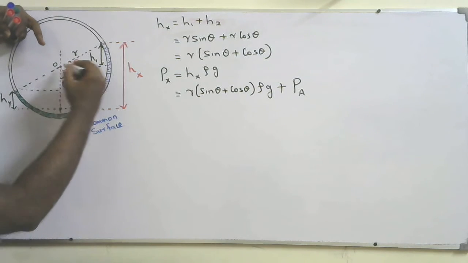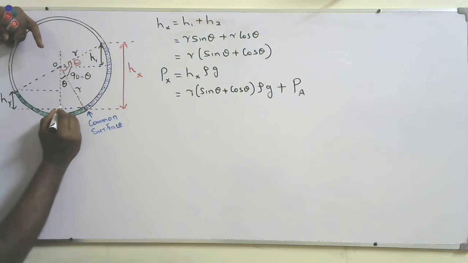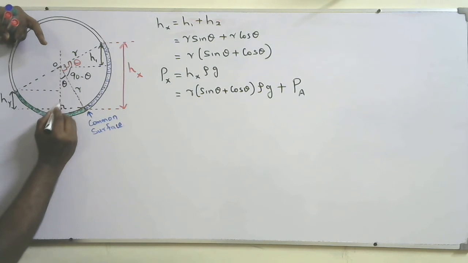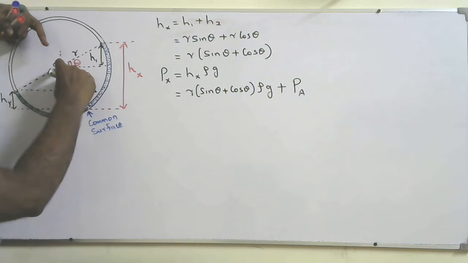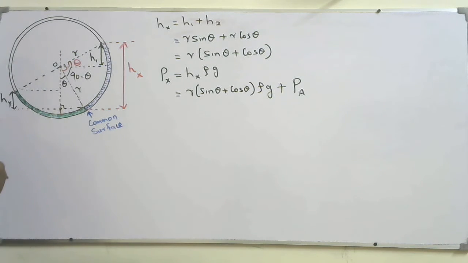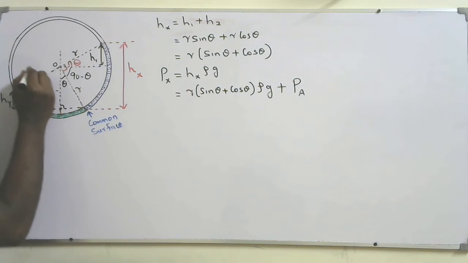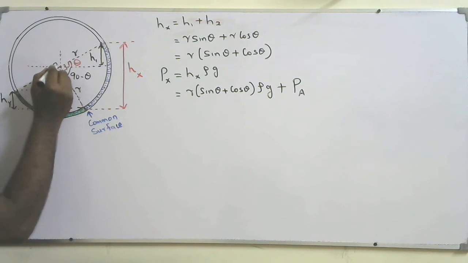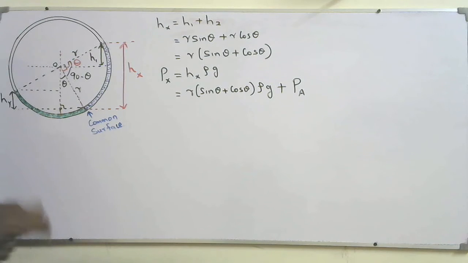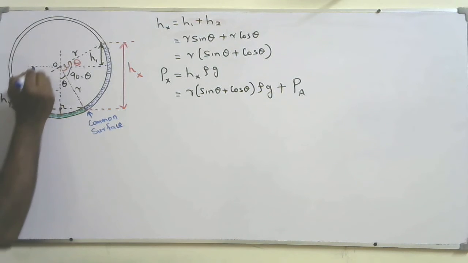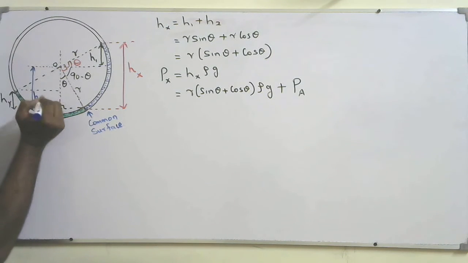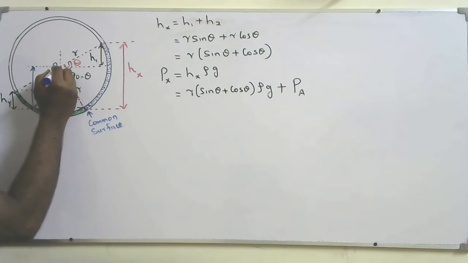This is 90 degrees because it is a right angle triangle. So this length minus this length is HY. Too many lines are there, but anyway, I can call this length H3 and this length H4.